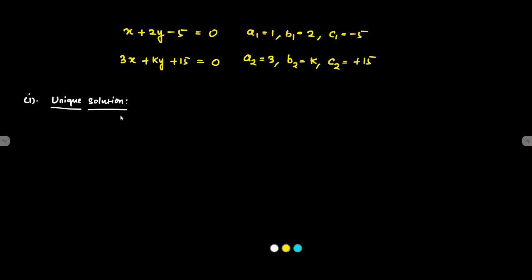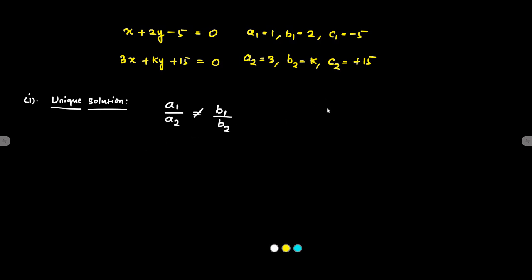Here the condition is that a1 by a2 should not be equal to b1 by b2.